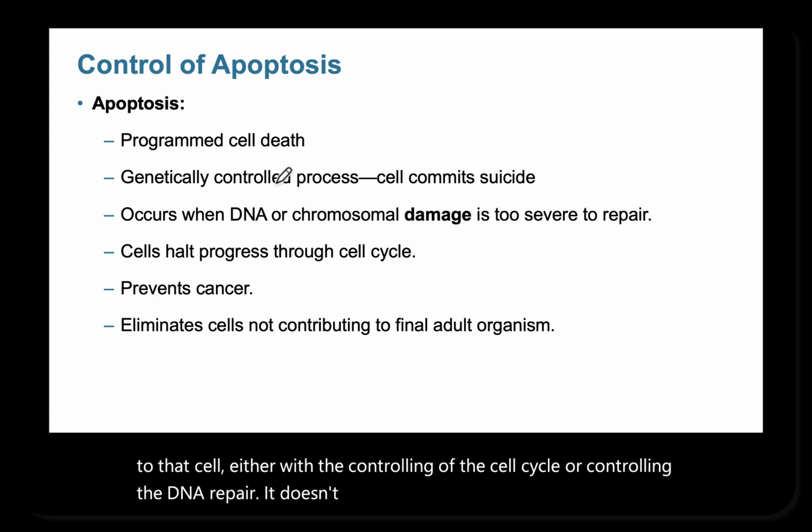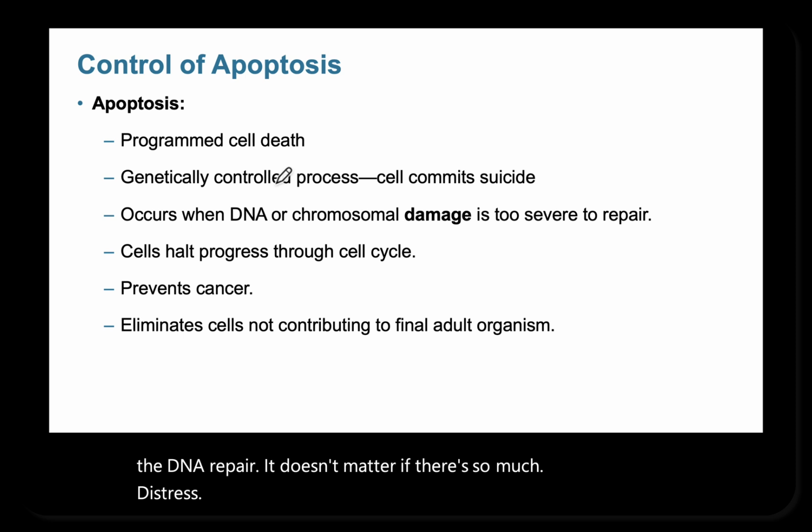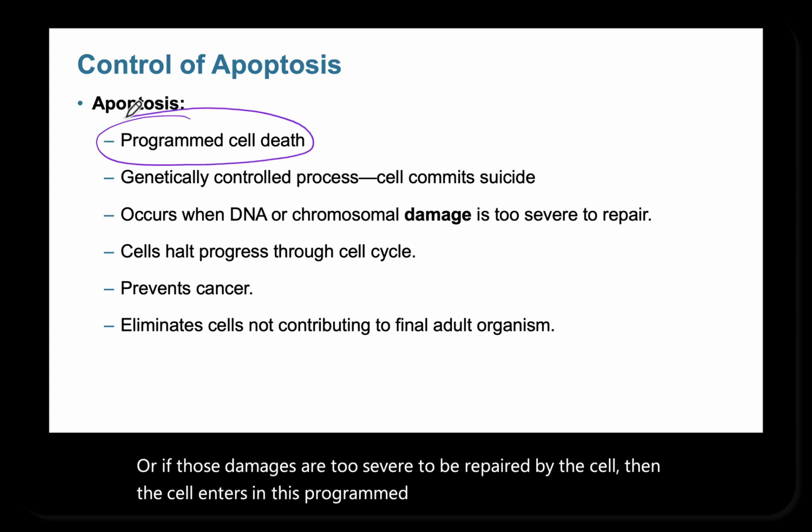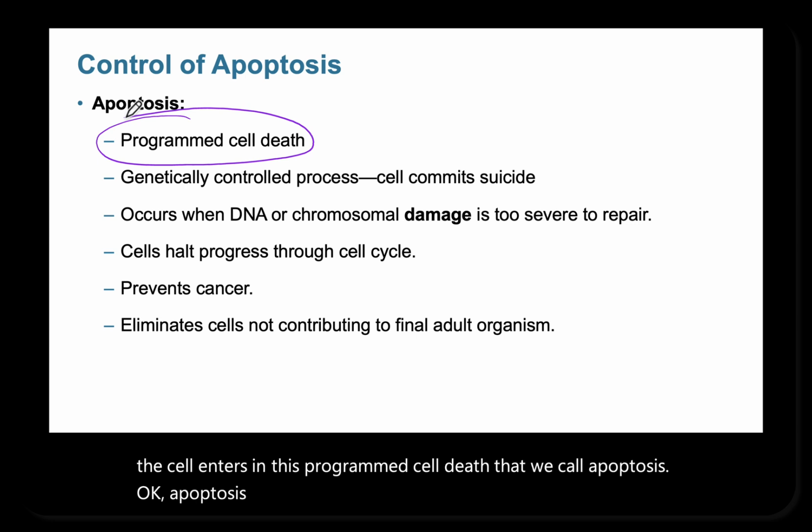If there is so much distress, or if those damages are too severe to be repaired by the cell, then the cell enters this programmed cell death that we call apoptosis, okay?